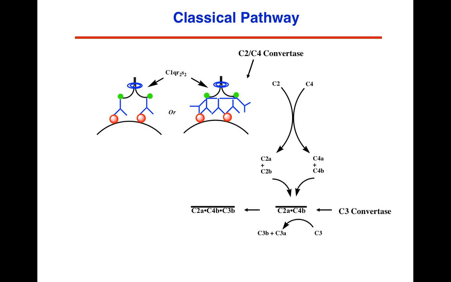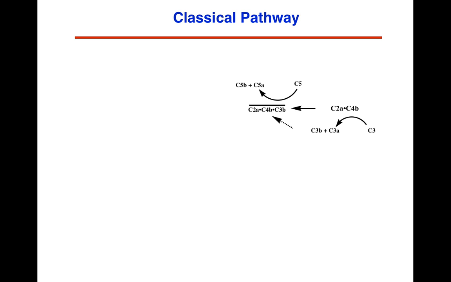And the C3B is important because it now will combine with the C2A and C4B to form C2A, C4B, C3B, and this forms another convertase. That convertase is the C5 convertase.